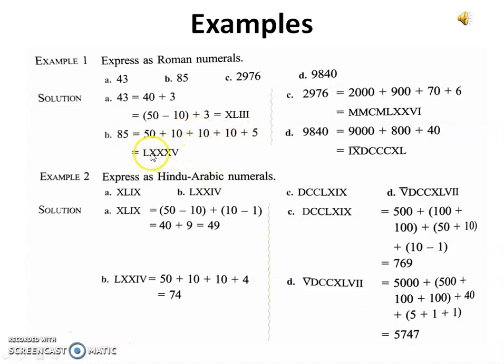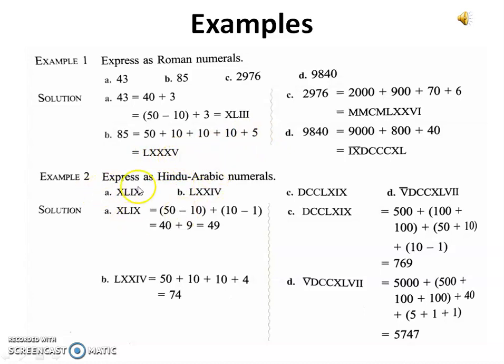Here there is no subtraction between numbers, so only the addition rule applies. 50 stands for L, so first we will write L. Then plus 10: for 10 there is the Roman numeral X, so three times we will write X. Then for plus 5 we will write V.